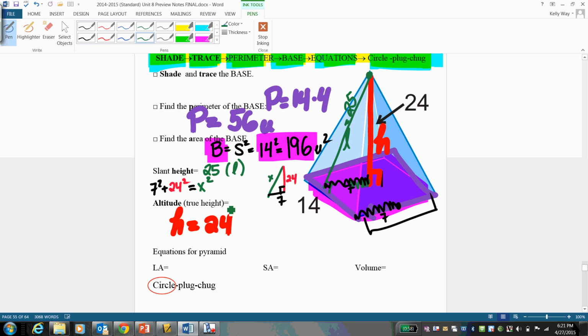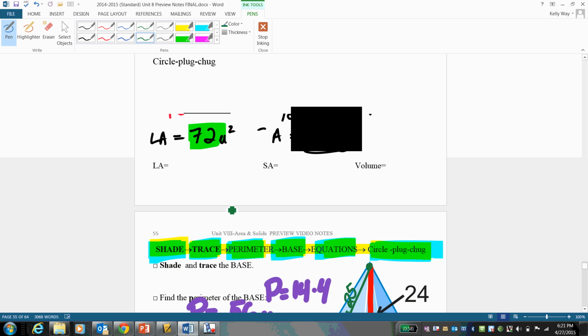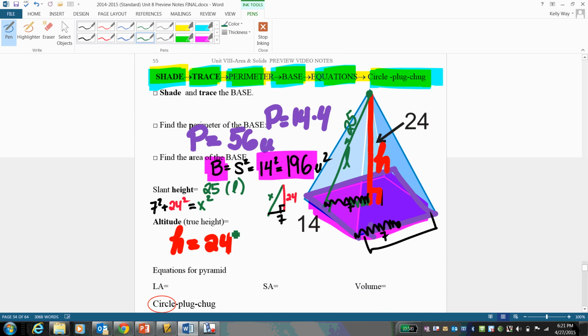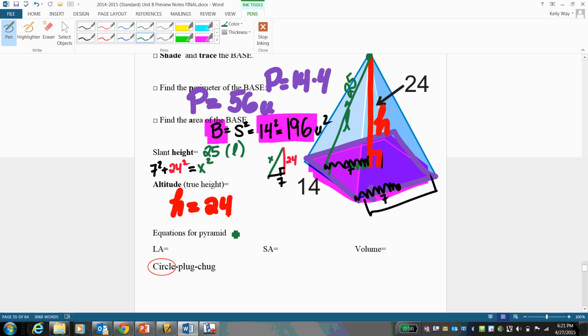Now, the equations for a pyramid. The lateral area, that's all the area of the pyramid except the base. For a prism, it's perimeter times height. But we lose area when we go to a pyramid. Area is a two-dimensional concept, so we're going to divide by 2.